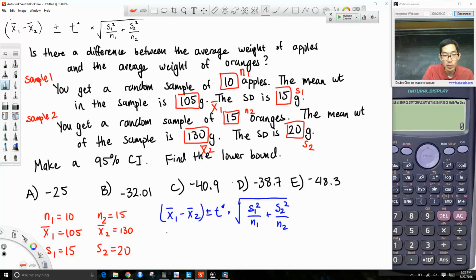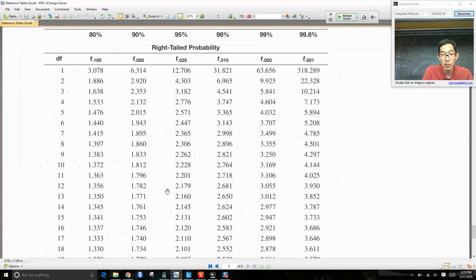So x bar 1, we do 105 minus 130 plus or minus. Looking up our t star, we'll have 9 degrees of freedom, N minus 1, and between 10 and 15, 10 is the smaller number, so we got 9 degrees of freedom. At 95% confidence, the number I'm going to use is 2.262.